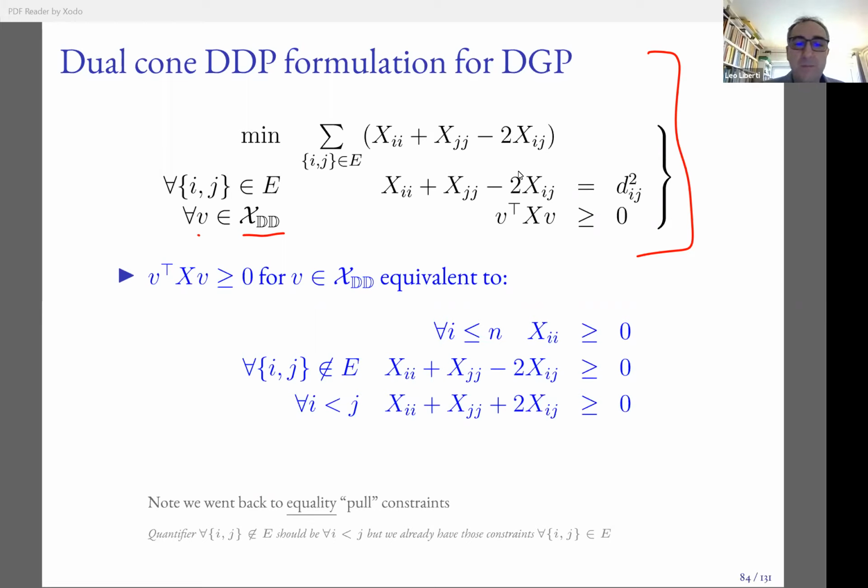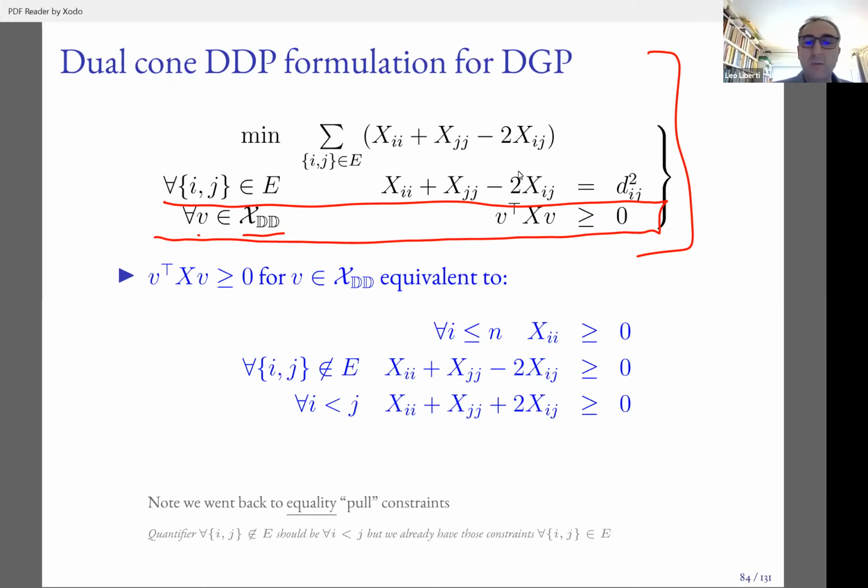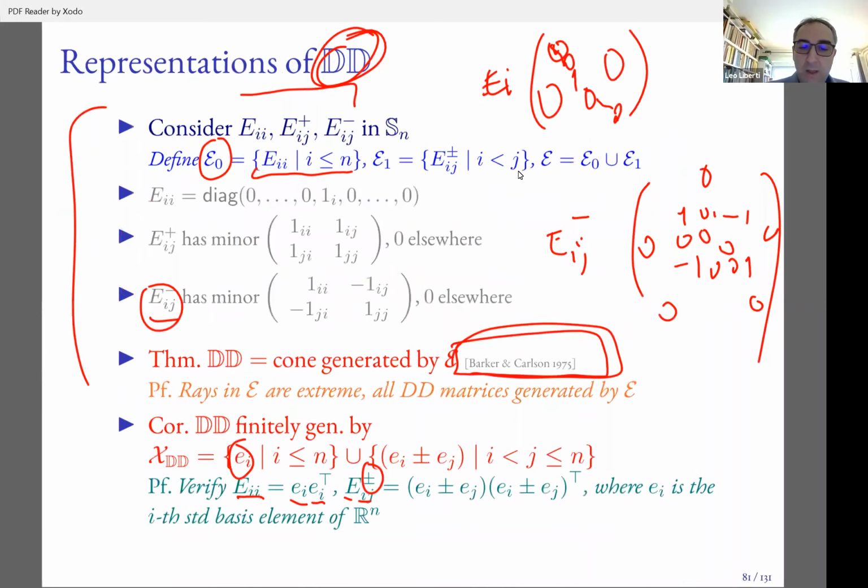Excellent. So this is DD. This is still not a nice form if you want to use a language in practice like AMPL or something like this. In fact, if you think about it for a while, you will see that these constraints, for these kinds of elements, we know them because, I'll remind you, they are standard basis elements combined to make rank 1 matrices.